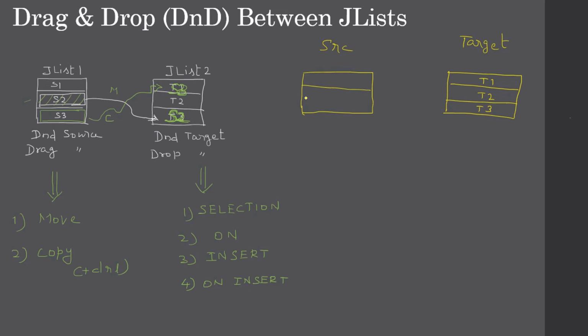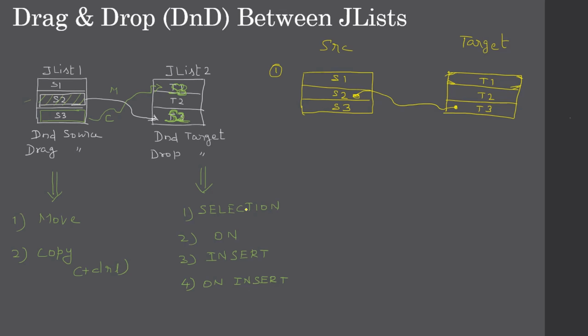Here we will assume 3 items source 1, source 2 and source 3. So we will also assume that we are using the selection mode here. Before performing the drag and drop, let us assume that item T1 is in selected state here and item S2 is dragged and dropped here at T3.